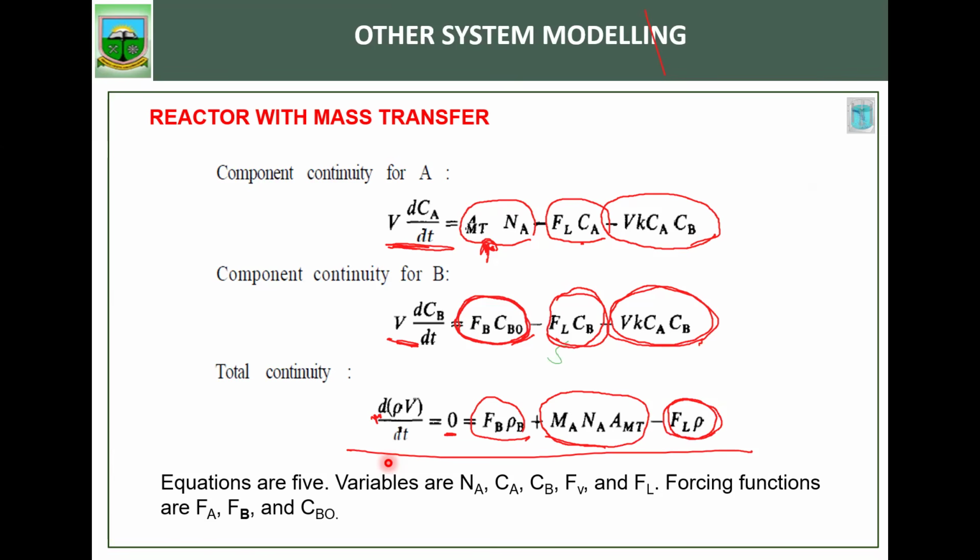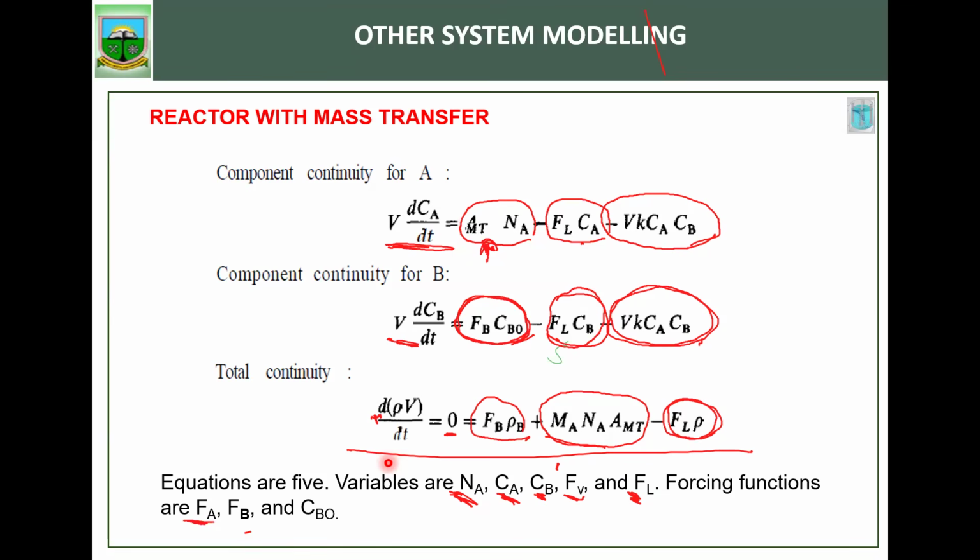For the variables, what are they? This is the mass flux, mass transfer flux. Then we have the concentrations of A and B, and the amount of unreacted gas becomes a variable. Then this is the amount you are taking. Then the forcing functions are what? The flow rate of A and B. The amount you flow.